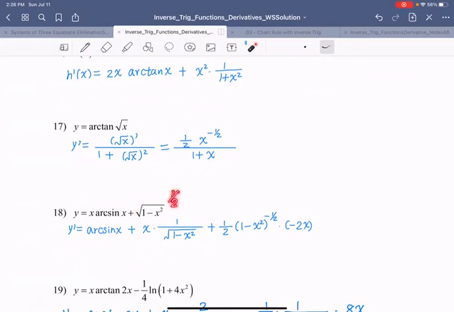This is power of 1/2 times this guy to the power of 1/2 minus 1, which is negative 1/2. Because of the chain rule, we have to do this guy's derivative. This guy's derivative is times negative 2x. Does this make sense now, Olivia? Yes. Okay.